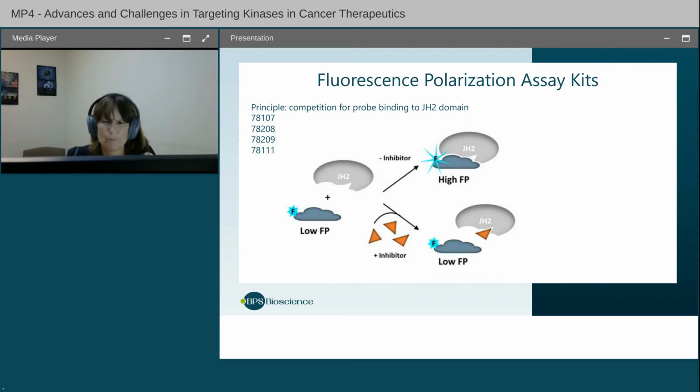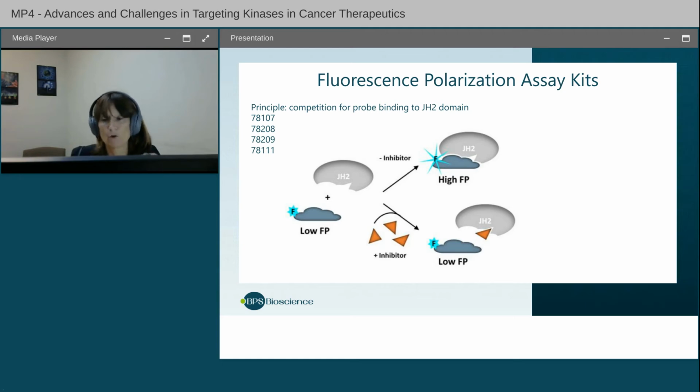They consist of a purified JH2 domain, for example for JAK1, JAK2, or TYK2. You have a small probe that is labeled with a fluorophore. When the probe is free, it has low fluorescence polarization. Upon interaction with JH2, it forms a much larger complex, and the fluorescence polarization is now high.